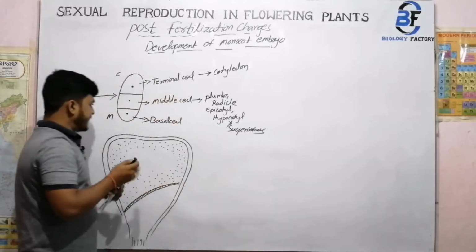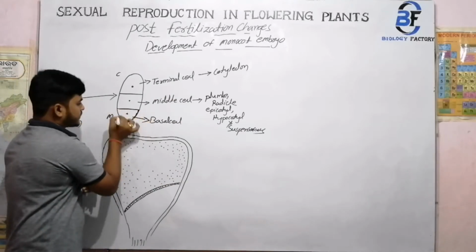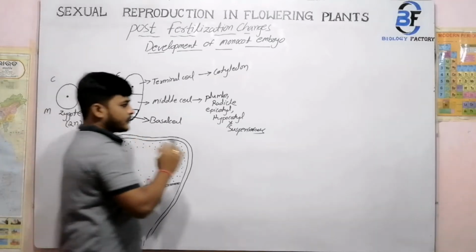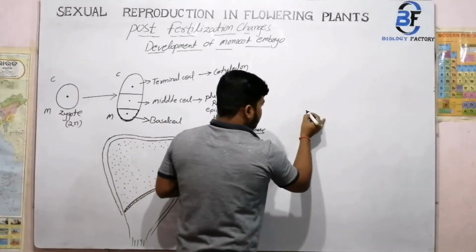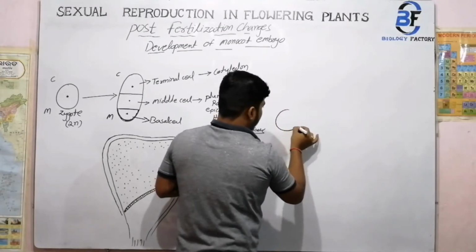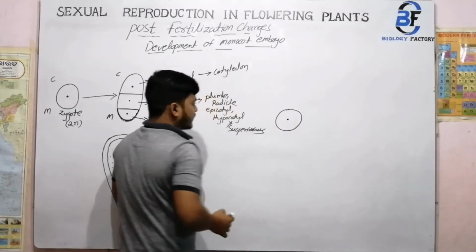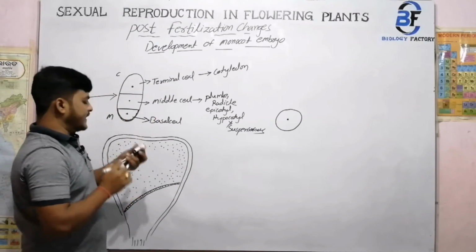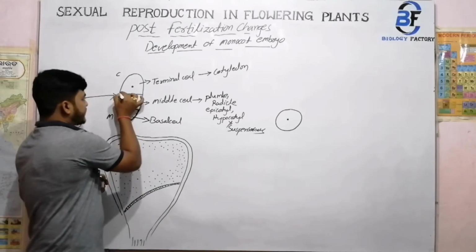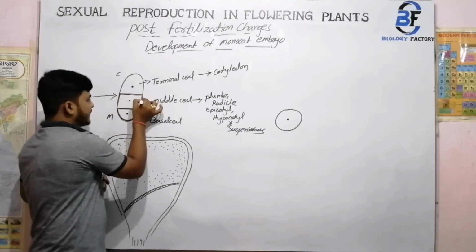Next, we change the color to better understand the concept. So here is your basal cell, and I told you that the basal cell is as it is, but its size is a little bit bigger. Next, the middle cell is formed, and as I told you the middle cell plays a vital role. A number of changes take place in the middle cell.